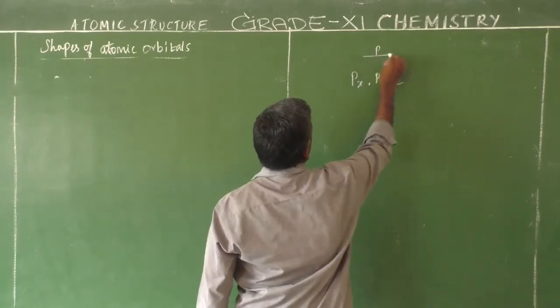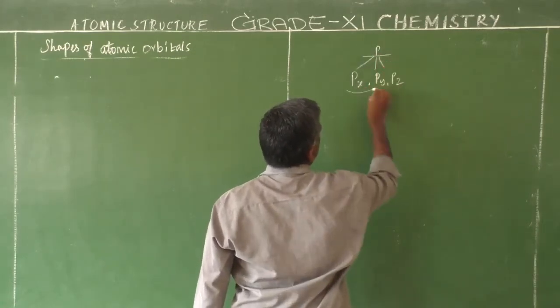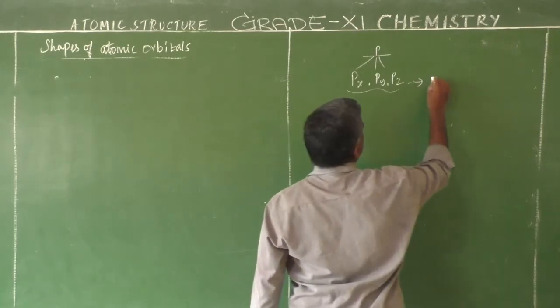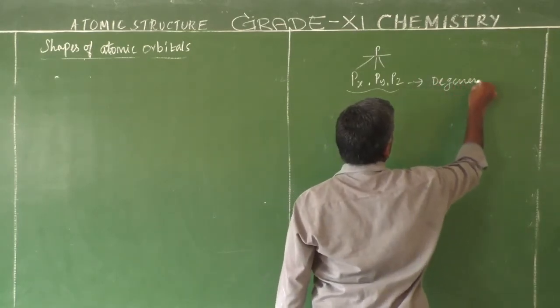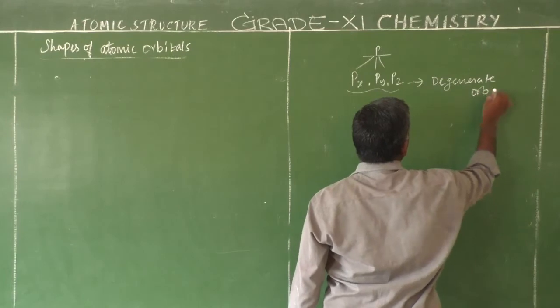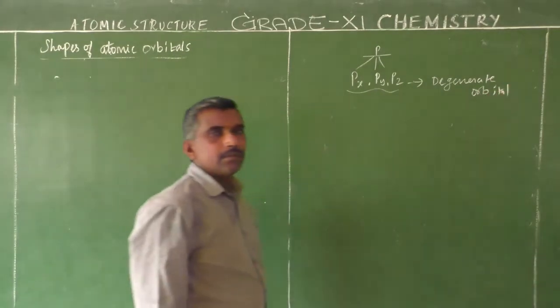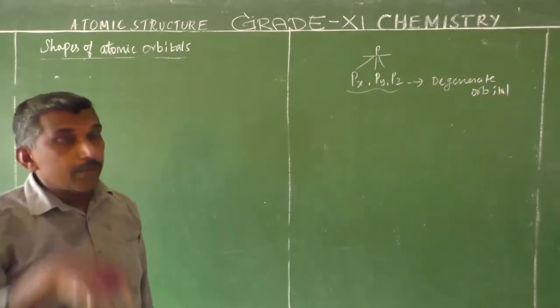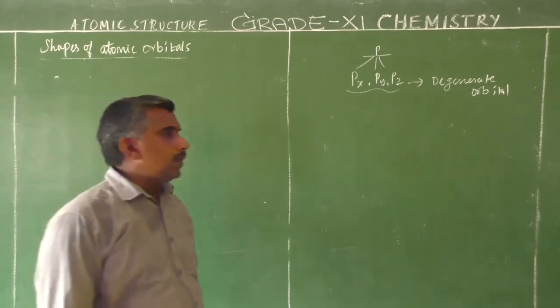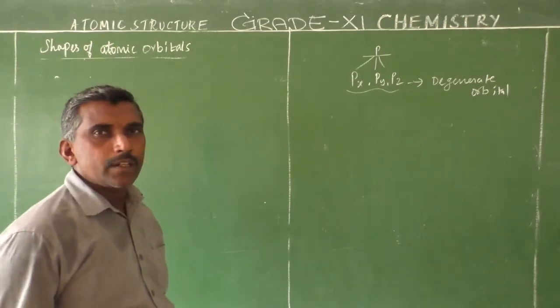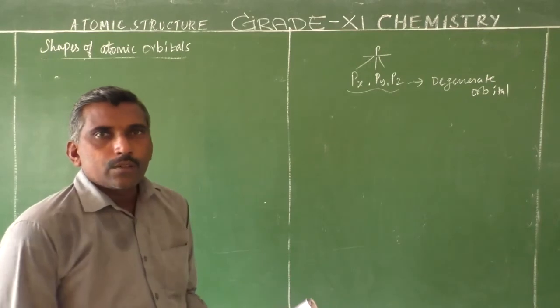These 3p orbitals are degenerate orbitals because of equal energy, in the absence of electrical field and magnetic field.